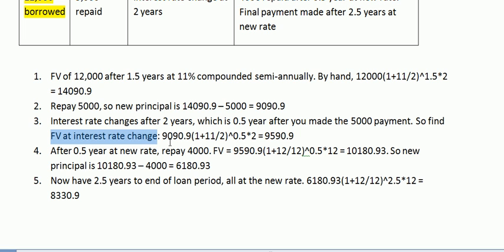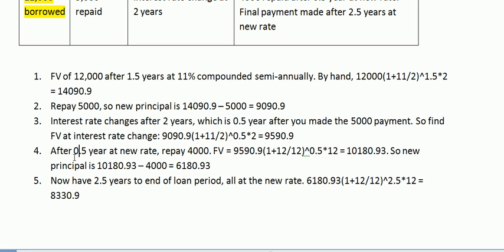So here is the principal brought forward, 9090.9, and it's 6 months, still at the old interest rate until the interest rate changes. That gives us a new future value at exactly the date that the interest rate changes of 9590.9. So this is 2 years after you first borrowed the money.